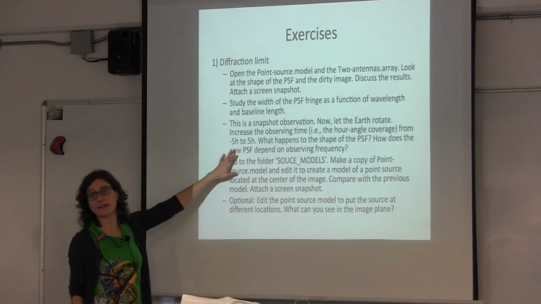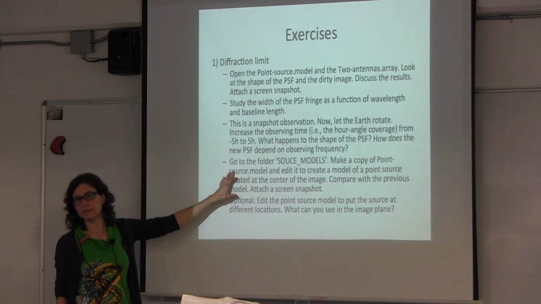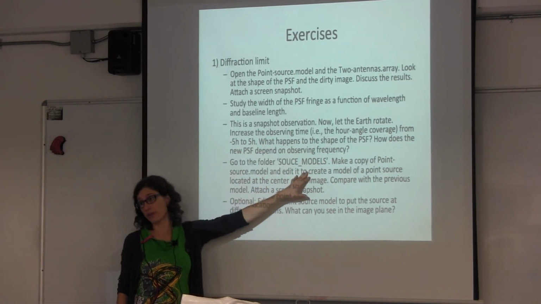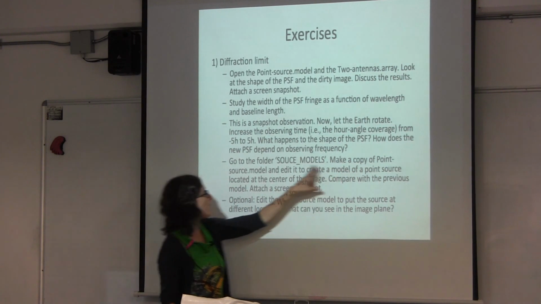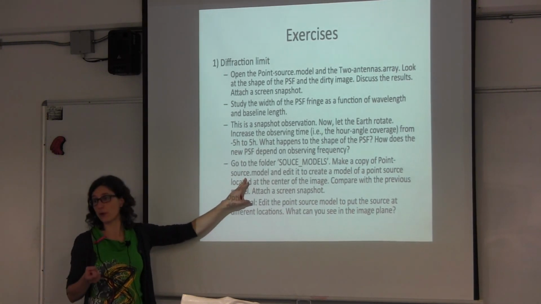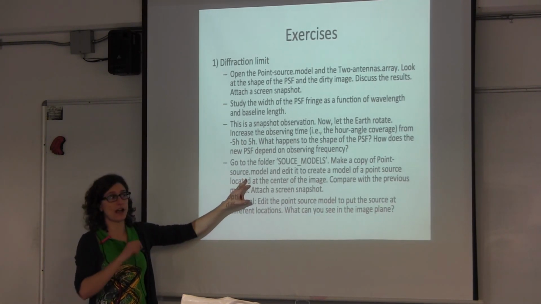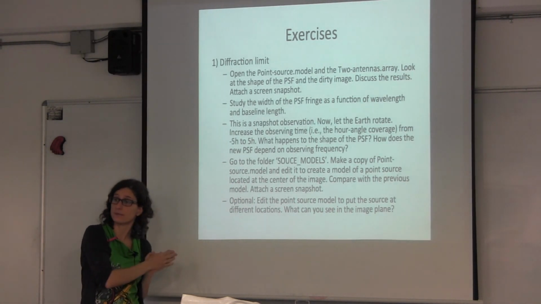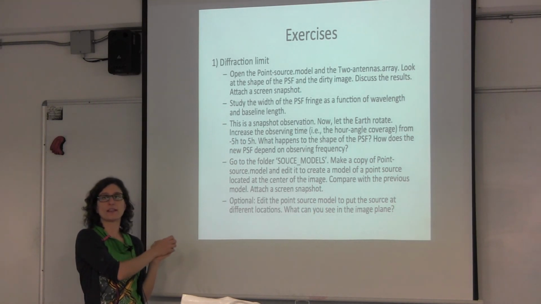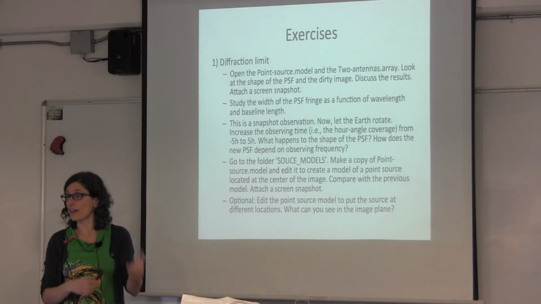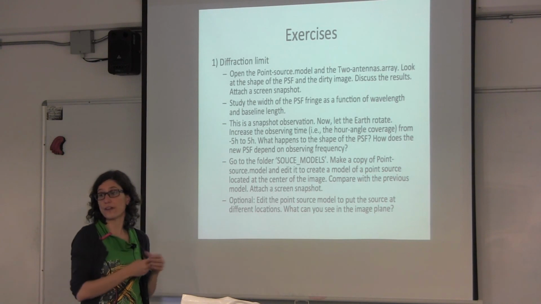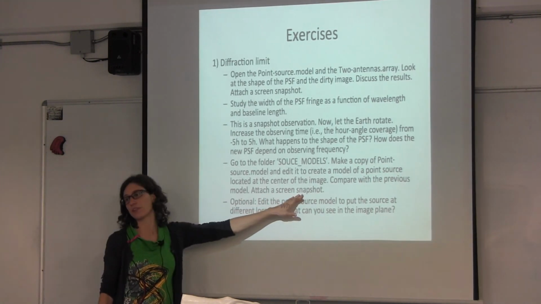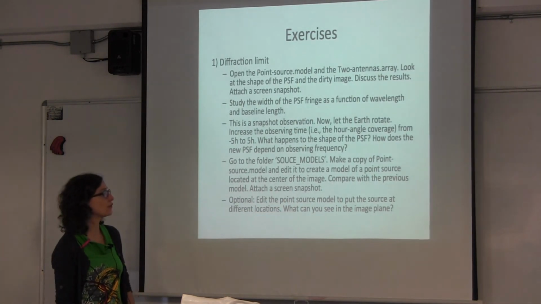You can also go to the source models and edit the point source model, because now it is not at the center of phases, so you can modify it to put it at the center. Then you can see the effect on the phases when you move the source from the center. Make a snapshot of that and send it to me.